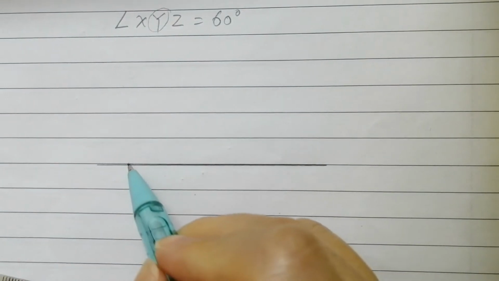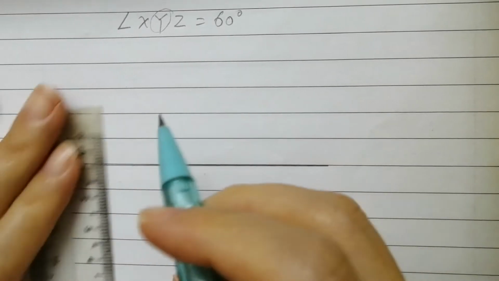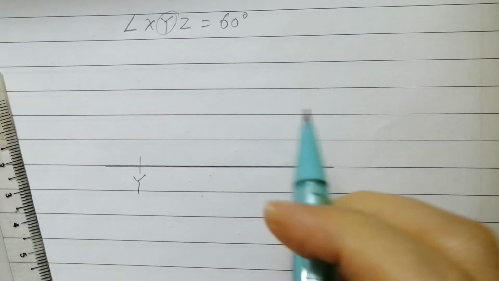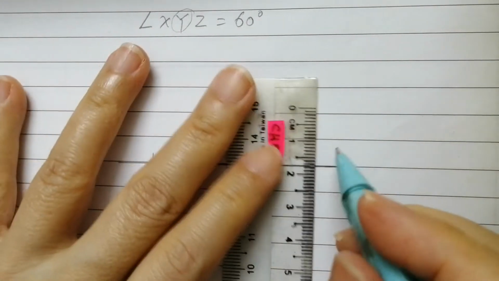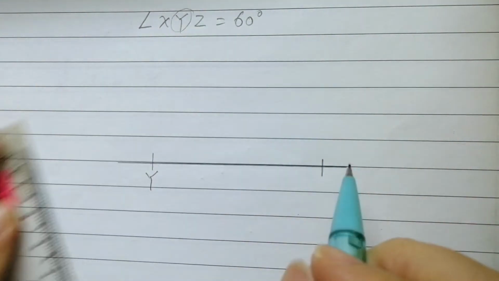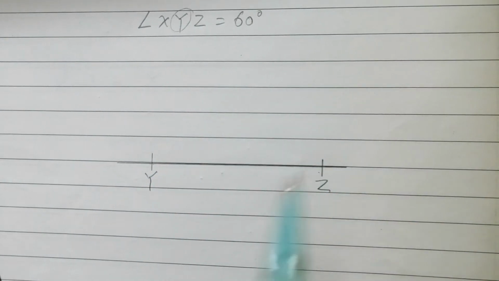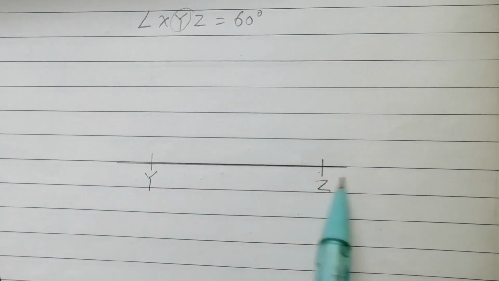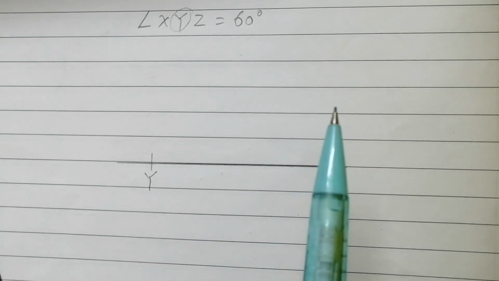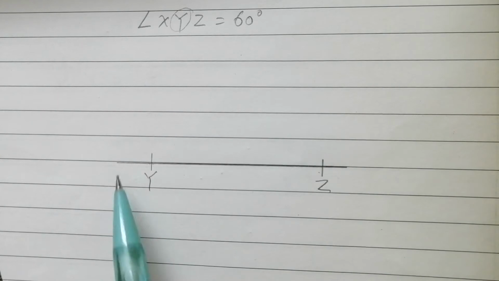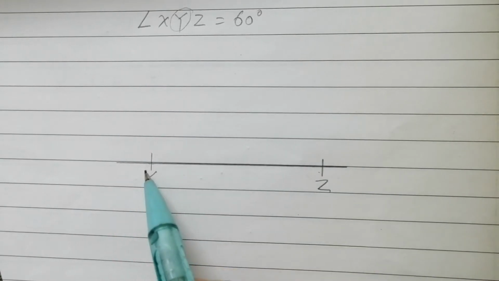If I want my angle y here, I will put the y here, and the z will be here. So I will have angle x, y, z. If you want your angle y at another side, you can draw x, y, z here also. No problem.